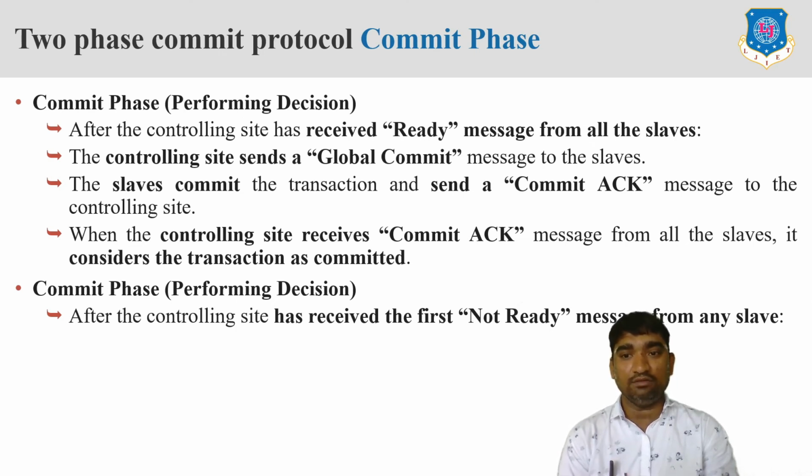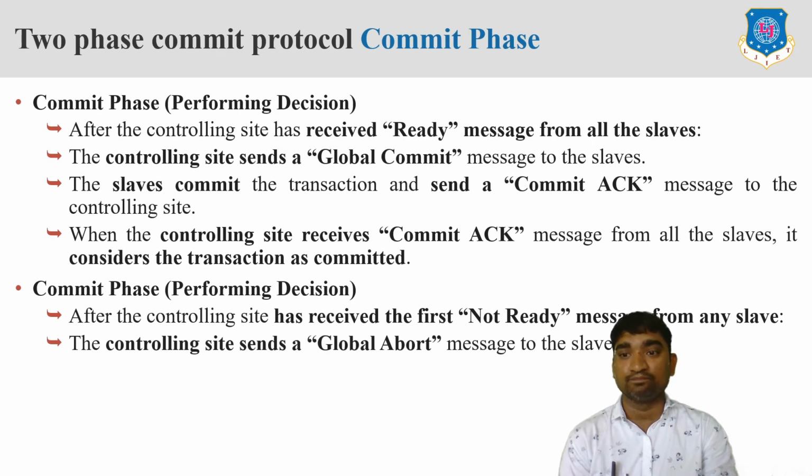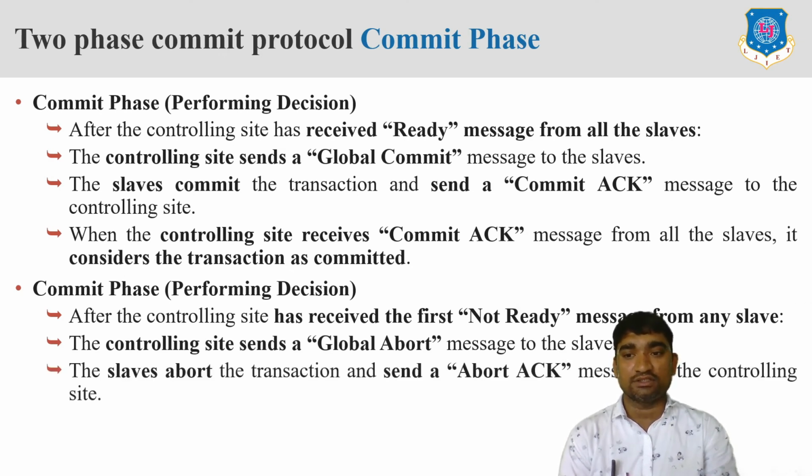The second case is when one of the participants has not completed the work, which means it is not ready to commit. For that, after the controlling site has received the first not ready message from any slave, it sends a global abort message to the slaves. The slaves abort the transaction and send an abort ACK message to the controlling site.